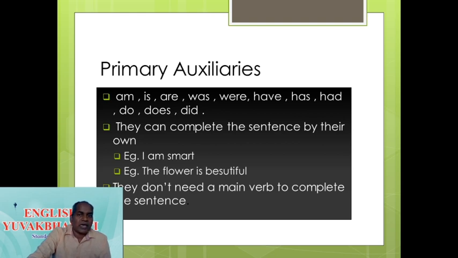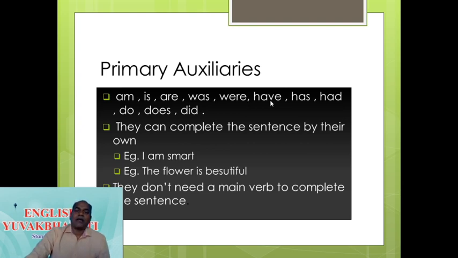That means am, is, are, was, were, have, has, had, do, does, did are playing the role of primary auxiliary. They can play the role of main verb as well as helping verb. See, I do the work, I work. I am a man, she is a girl, they are boys, he was there, they were there.